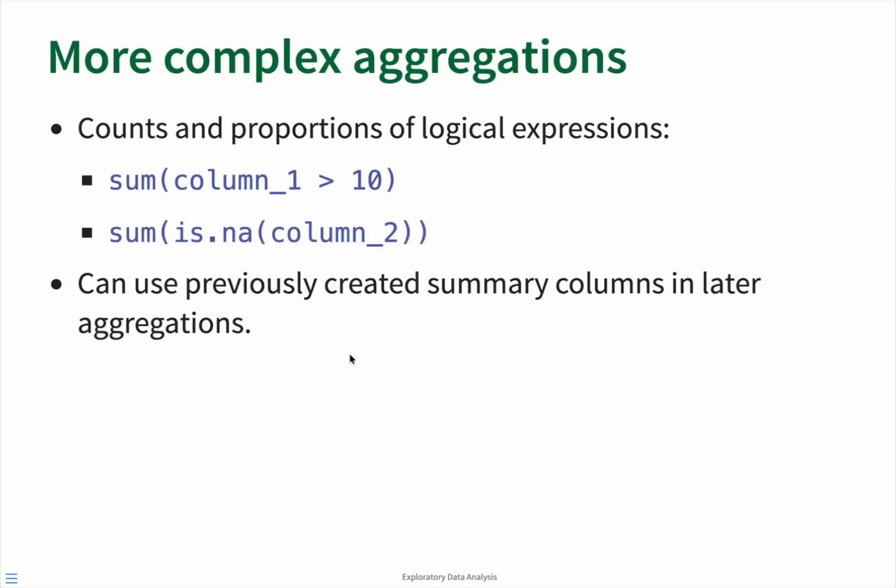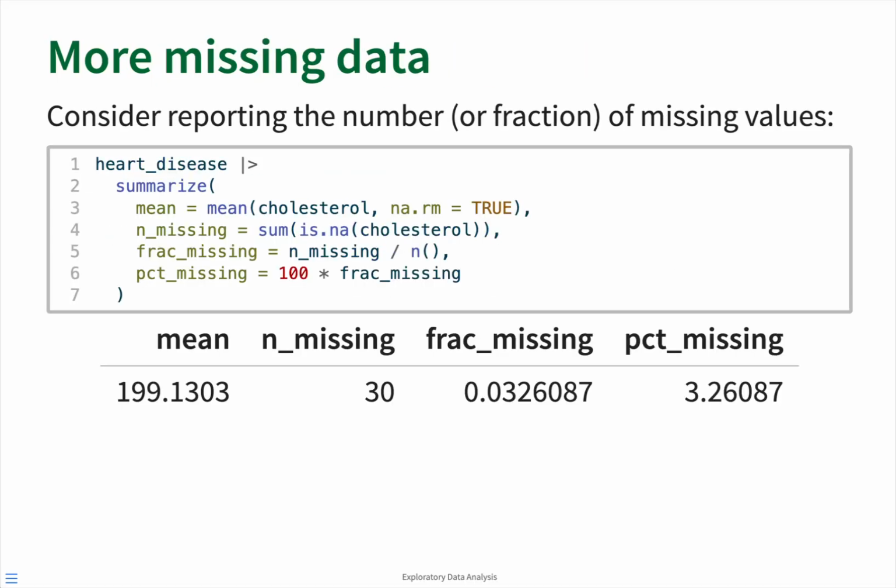The other thing we can do with the summarize function is when we've calculated one summary statistic, we can use that summary statistic in another summary statistic calculation within the same summarize function. So here's some examples of this where we can analyze the missing data in more detail. So we have the code we looked at before to calculate the mean of the cholesterol column.